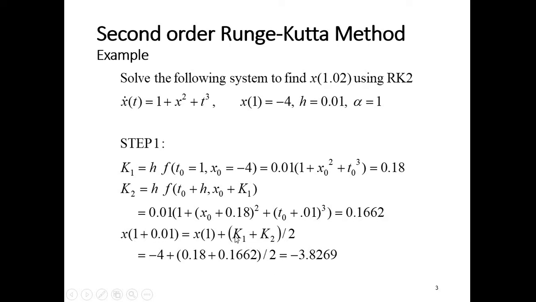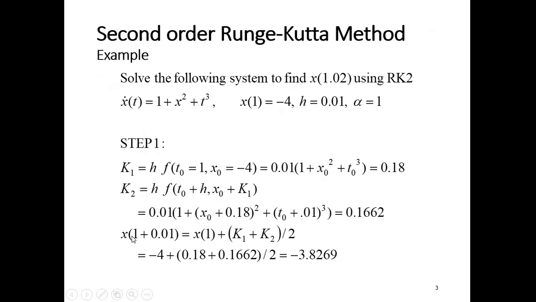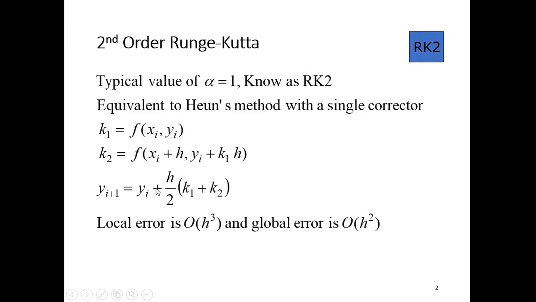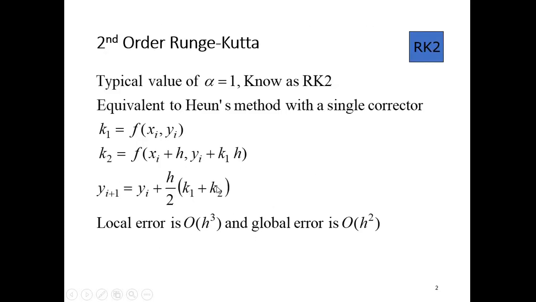So this means that your next value, y2 in this case, which is our next approximate value, is given by yi, which is x1, because we started at x1, plus k1 plus k2 over 2, because in our case the h is already multiplied in.